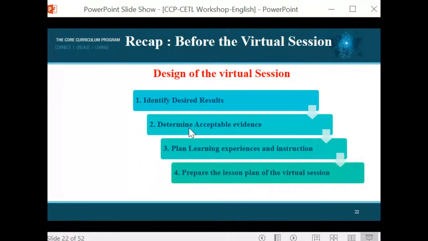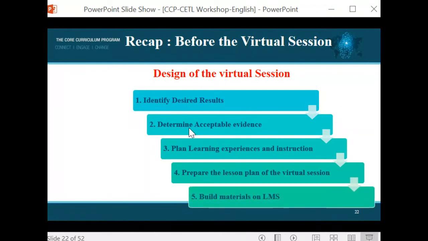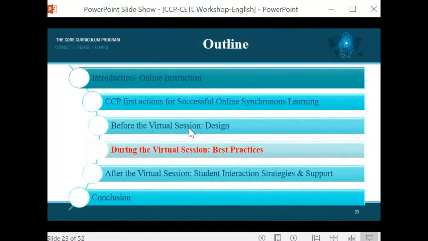And then we have the preparation of the lesson plan of the virtual session and build materials on the learning management system. So after we finish the design of the session, let's move now to the best practices during the virtual session that I collected based on my experience.